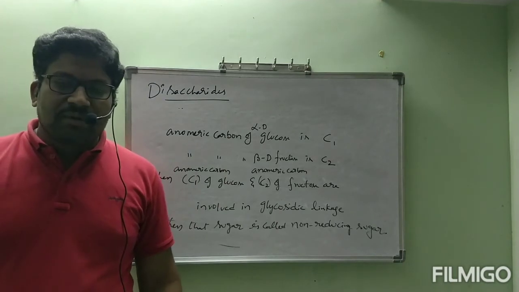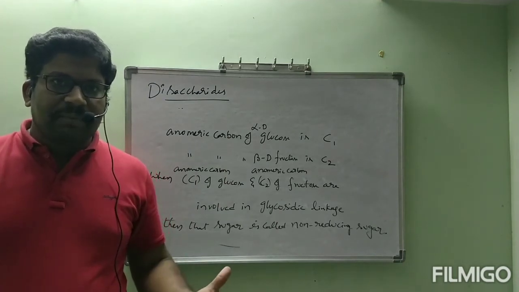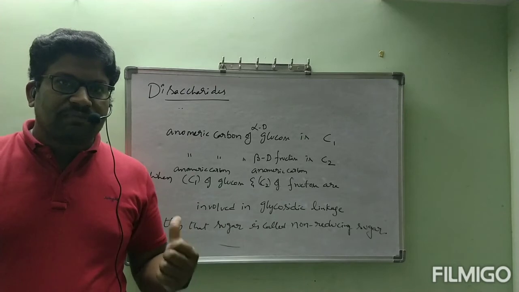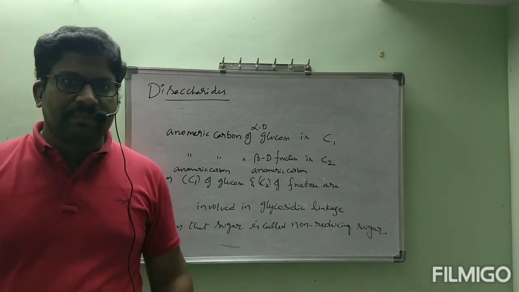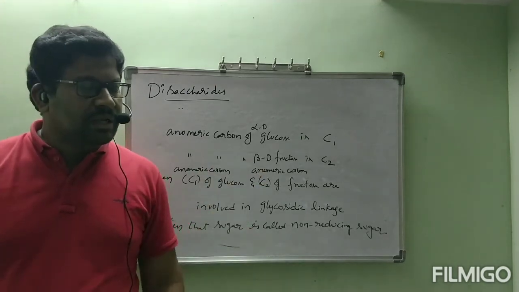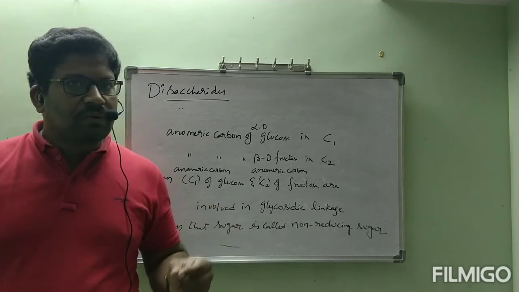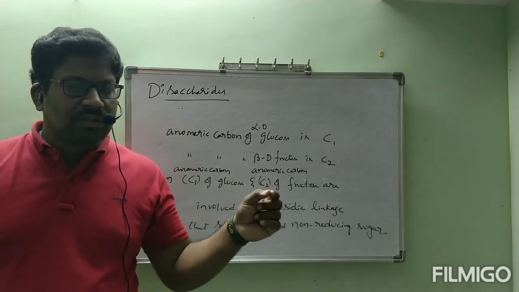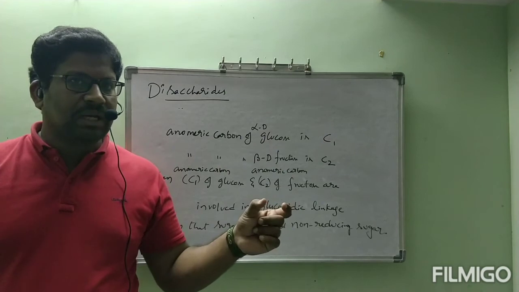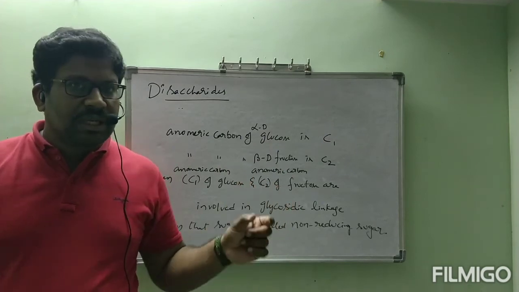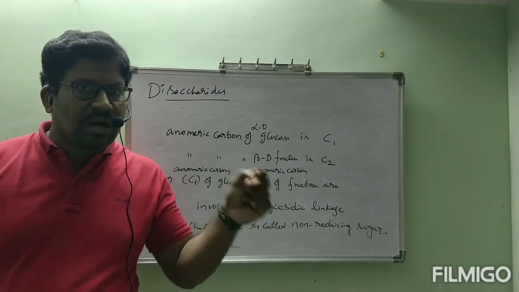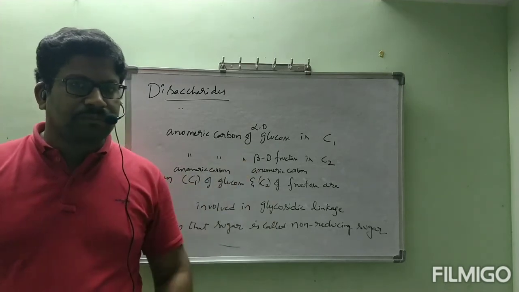Before that, in sucrose, what happened? The first carbon of glucose and the second carbon of fructose are involved in the glycosidic linkage. When the anomeric carbon of glucose and the anomeric carbon of fructose are both involved in the glycosidic linkage, then sucrose is called a non-reducing sugar.